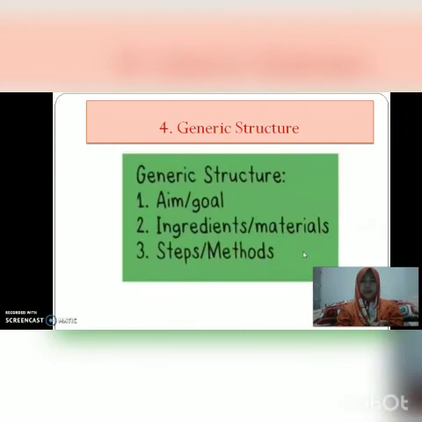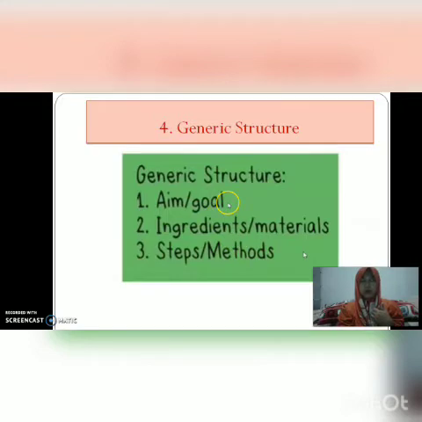Okay, next, about generic structure. We are going to talk about generic structure. There are three generic structures of procedure text. The first one is aim or goal, and then ingredients or materials, and the last one is steps or methods.